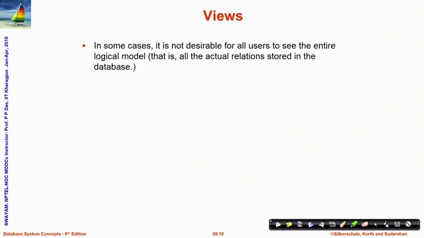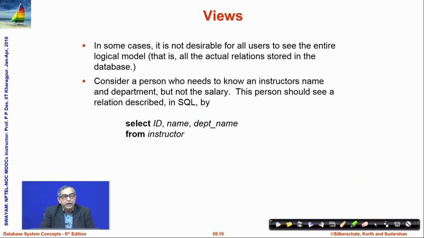So, we may not want all fields of a result to be visible to all the users or to the application. So, we may not expose the whole logical model, and in those cases we introduce a view. Here we are showing one where from the instructor relation we are only picking up 3 fields and we are not picking up the salary field.